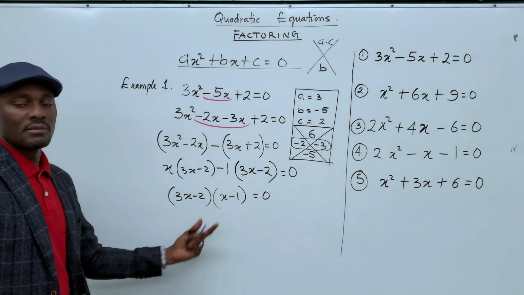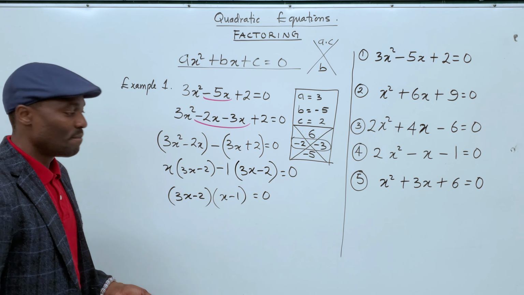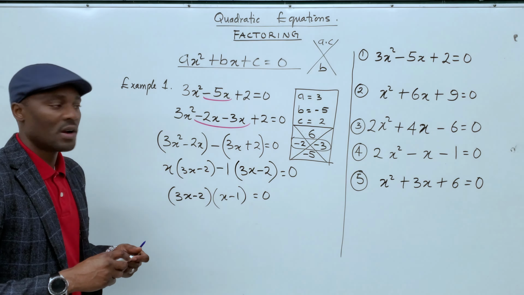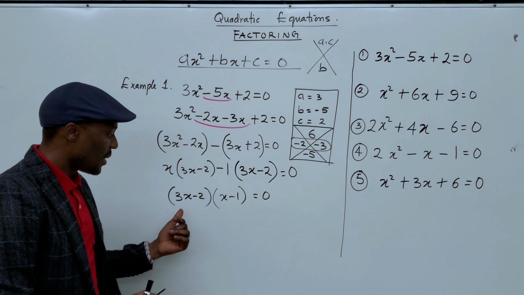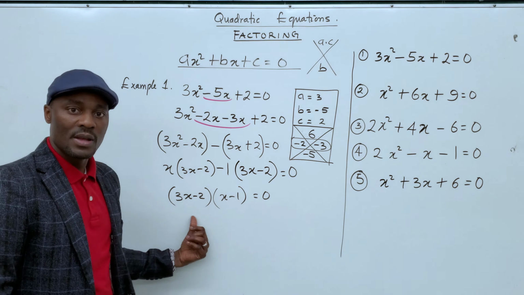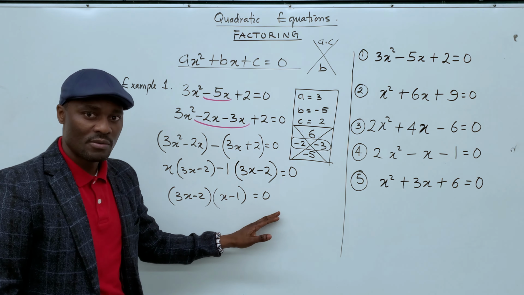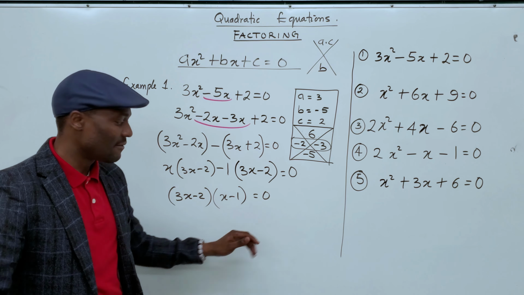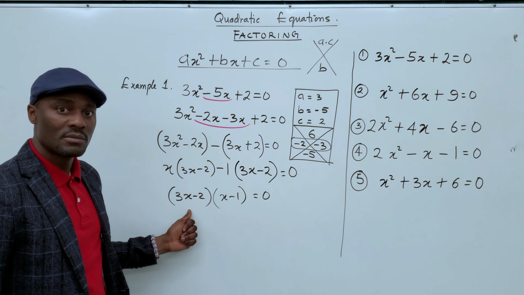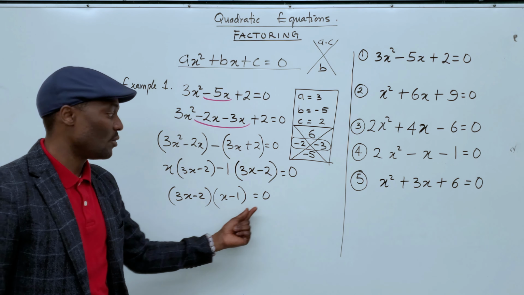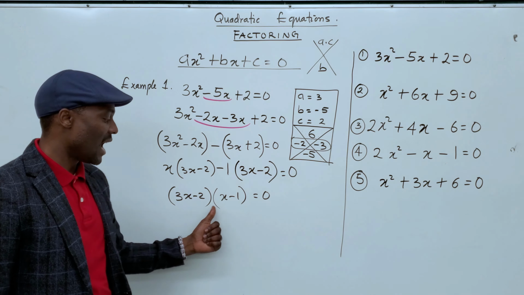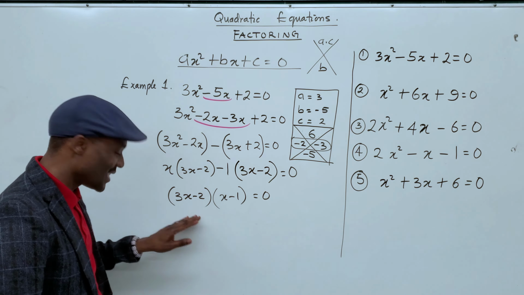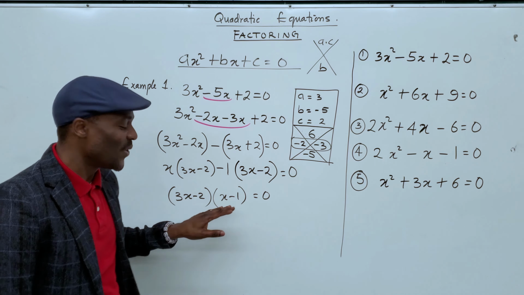Once you get here, your solution is there, because this is the rule for using factorization. When you multiply two things together and you get 0, the assumption is that this is 0. That's why 0 times anything will be 0. Or this is 0. Anything times 0 is 0. So it's either this is 0 or this is 0.